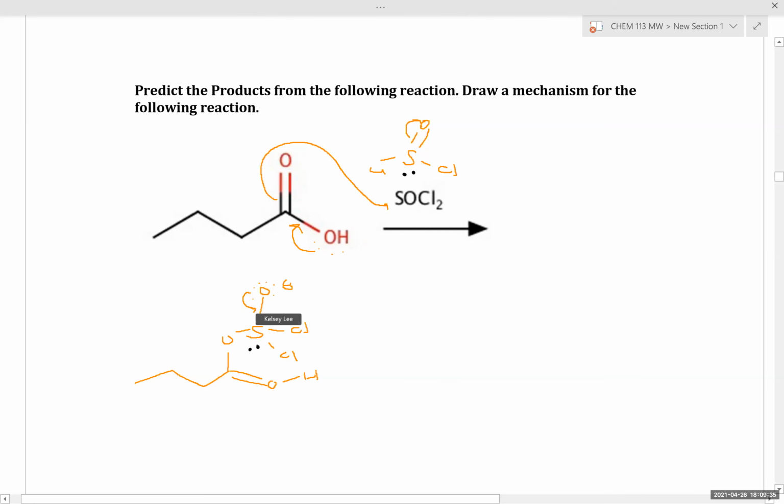This intermediate will collapse and will kick out our leaving group, which is chloride. From here, we now have this wonderfully activated carboxylic acid, which can then be attacked by a range of viable nucleophiles. Would you be able to draw out the rest of this activated carboxylic acid?